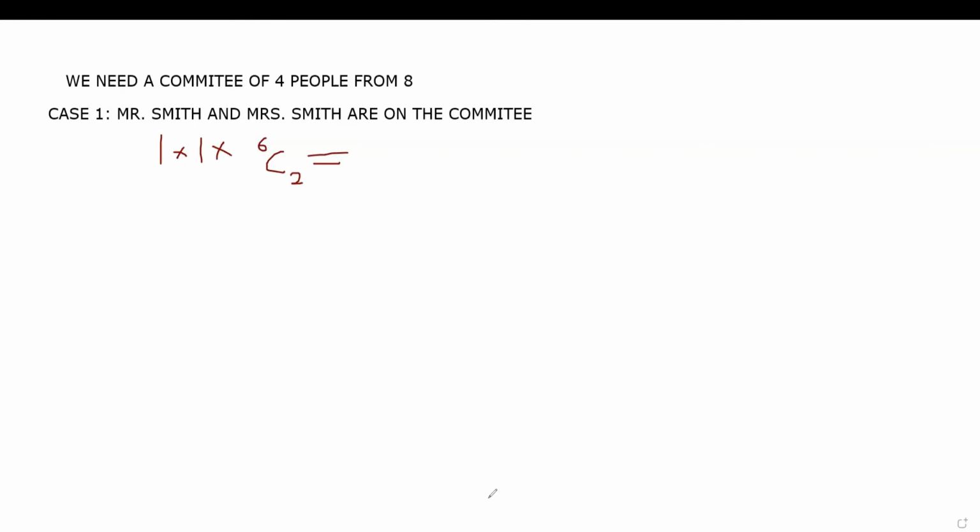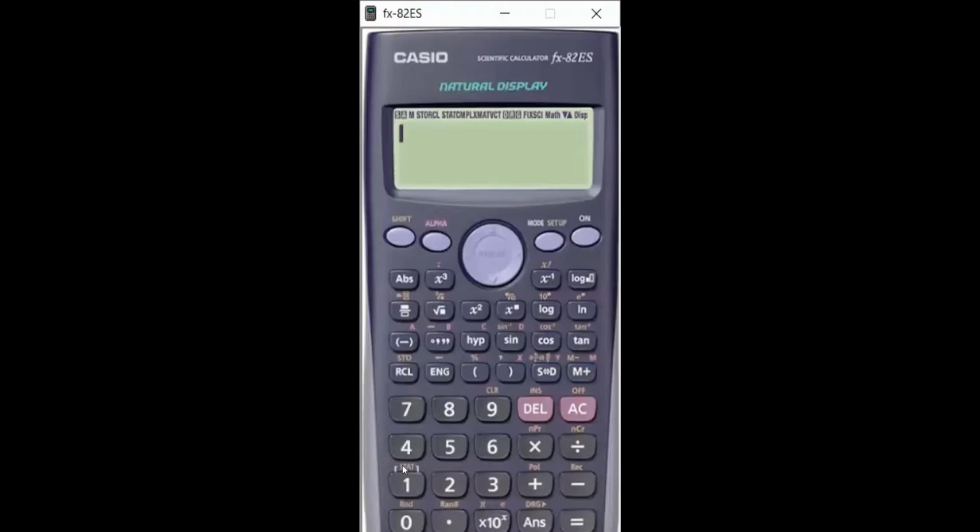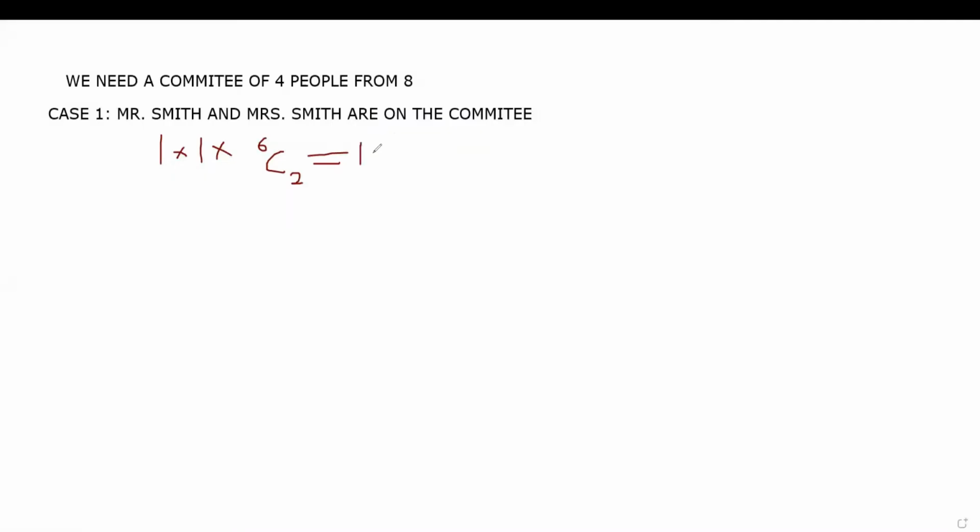To work out 6 choose 2, I'm just gonna plug that in the calculator. So it's gonna be 1 times 1 times 6 choose 2, and that is 15 ways. So there are 15 ways we can select the committee if Mr. and Mrs. Smith are both on the committee.